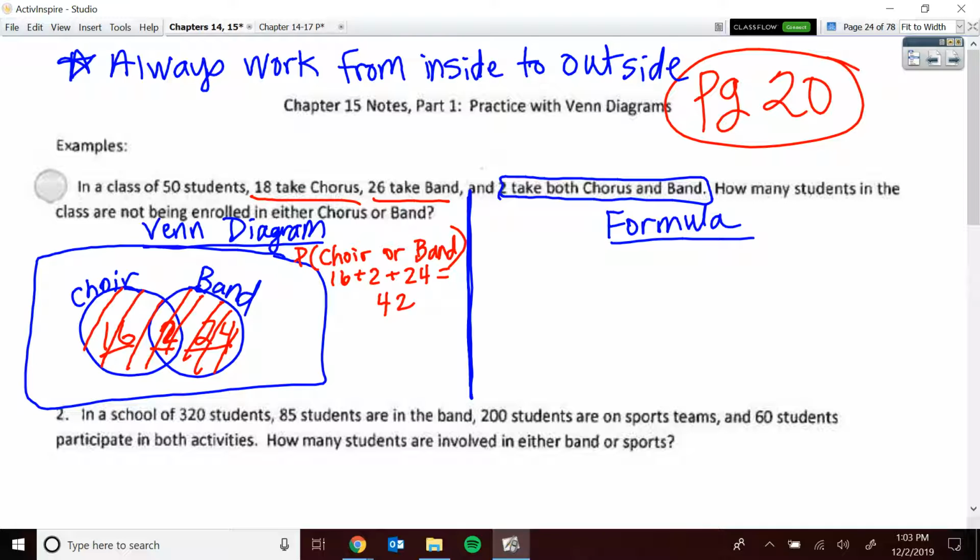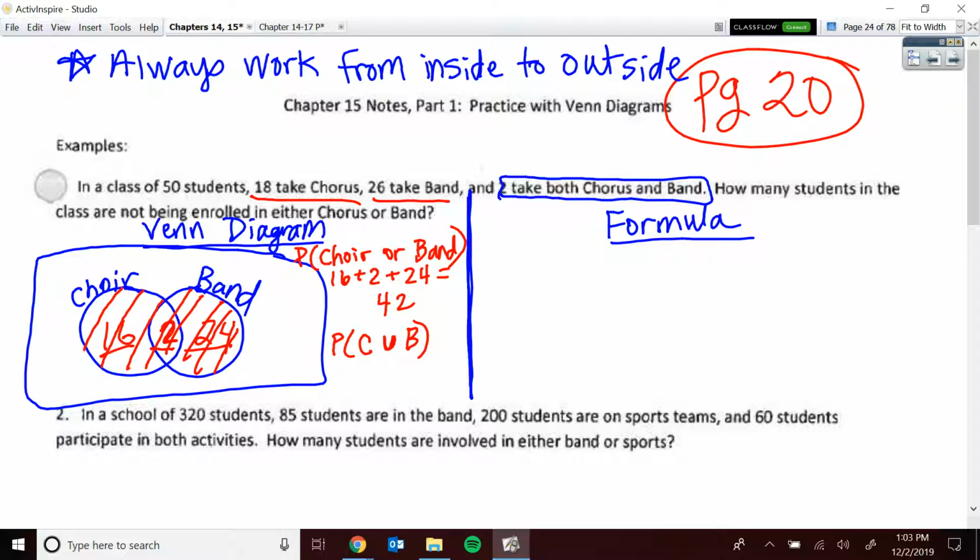Now, read the question to this problem and answer it. What is that called if I want the other part?